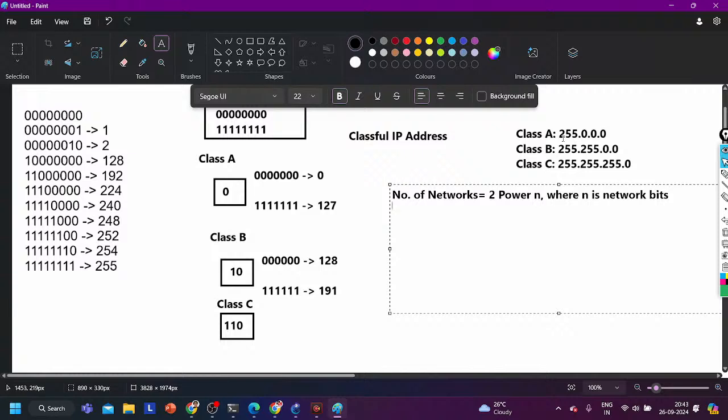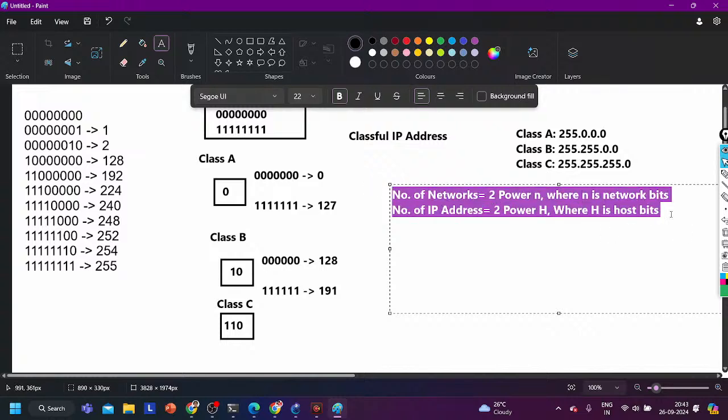Then how to find the valid IP addresses or number of IP addresses? The formula to calculate the number of IP addresses is 2 power h, where h is host bits. These are the 2 formulas to calculate the number of IP addresses and the number of networks.